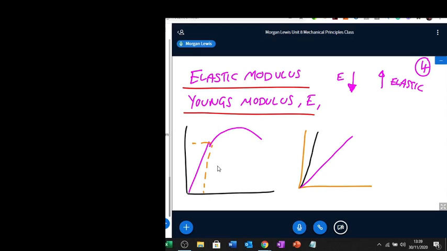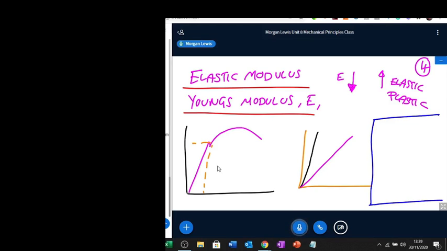So diamond has got a high Young's modulus. Steel has got a high Young's modulus compared to plastic. So you should get bigger numbers, right? So if you don't know what the material is, but you're getting a low Young's modulus, the material could be a plastic material. The formula for that was, can anybody remember?